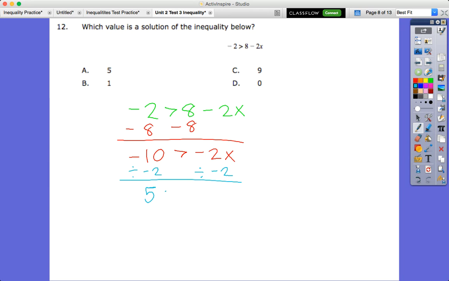Now, I'm going to flip the sign because I divided by a negative. So, when I rewrite this, we get that x is greater than 5. Because remember, I rewrite this with the variable on the left side. And kind of think about it, the alligator eating that bigger amount. So, it's still going to open up to that x even when I rewrite it. So, the only value that's greater than 5 is 9.